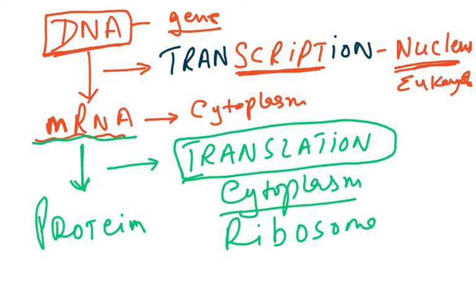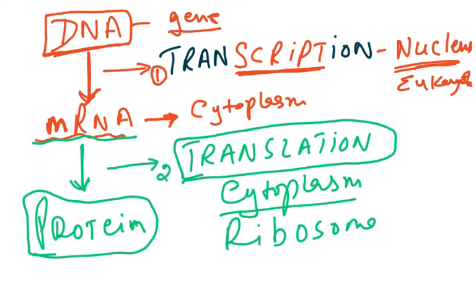First it is transcription, DNA to mRNA, and then this mRNA moves out of the nucleus through the nuclear pores and reaches the ribosomes, and then it is going to be translated into a protein molecule. So the two steps have to be understood. Number one, transcription. Number two, translation. Transcription takes place in the nucleus. Translation takes place in the cytoplasm.